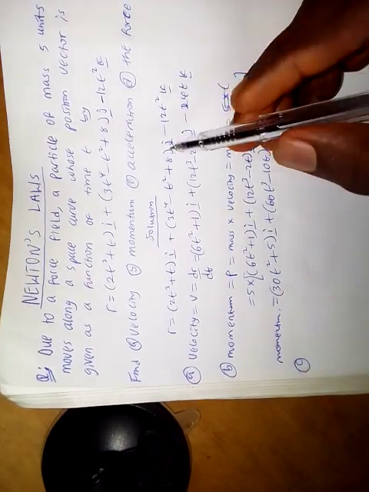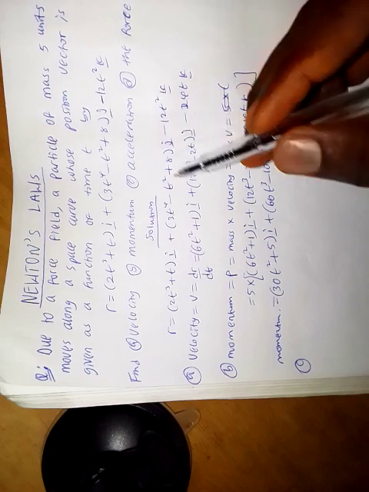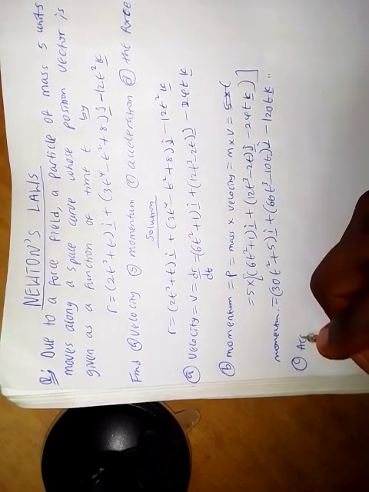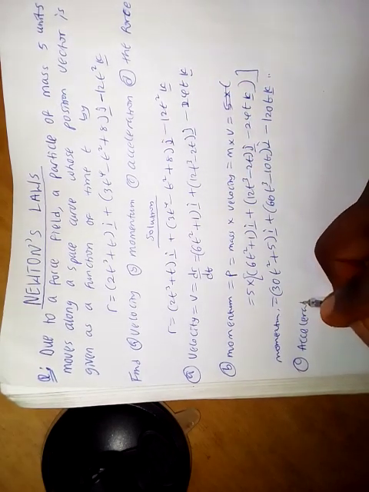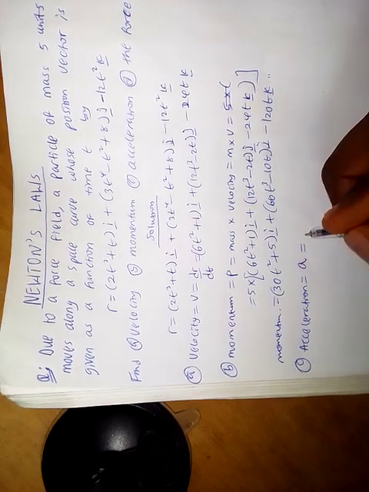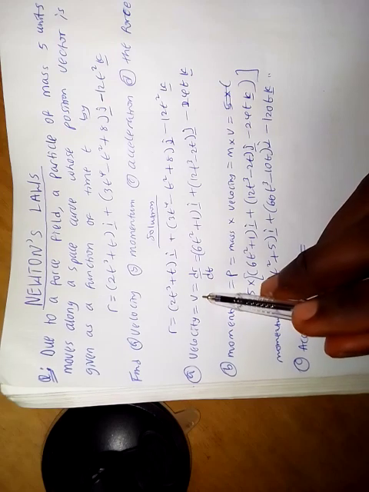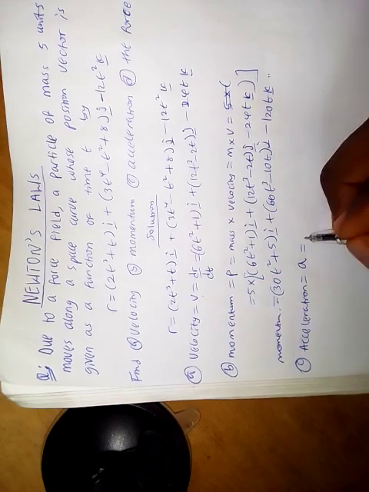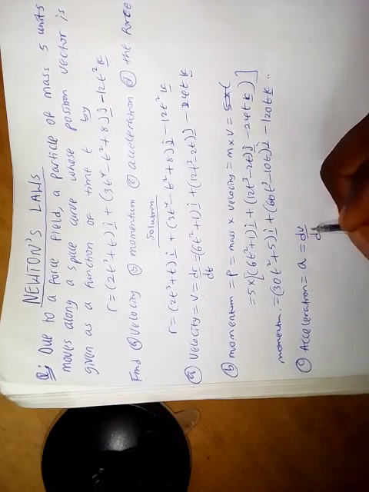The third part is to find our acceleration. Acceleration is given as small a, in which we are going to differentiate the velocity with respect to time. We have dv/dt.